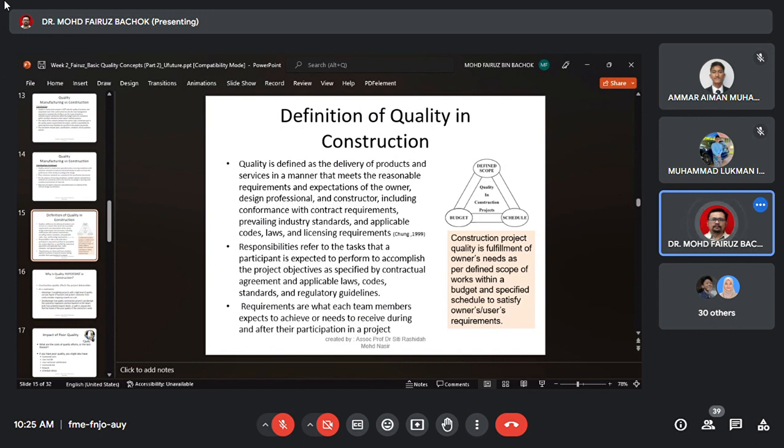The contractor should instruct them so they know what their role at the construction site is. As an engineer, you should know what you are going to do at the site. As a land surveyor, you should know what to do at the site. Those things are under the scope of the contractor. So you look at this figure, this one.